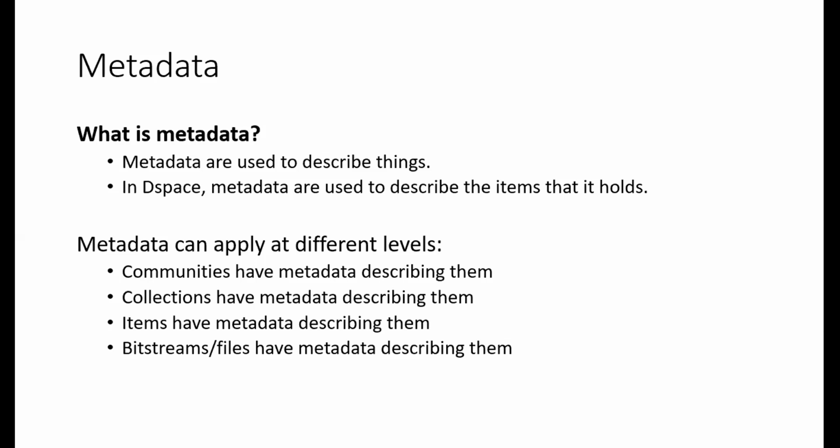But in layman's terms, metadata is used to describe things. So in DSpace, we have metadata that is built to describe the items that we deposit in the system. And this metadata can be applied at different levels: the community, which is the topmost level, the collections, items, and bit streams, all the way down to the files.